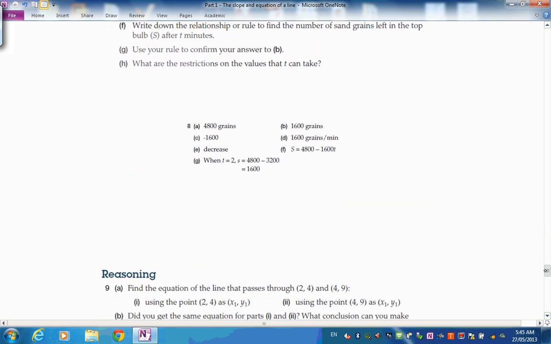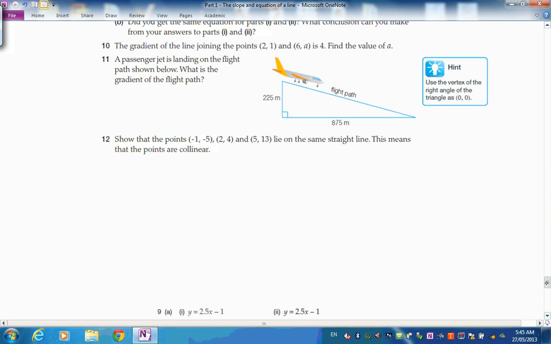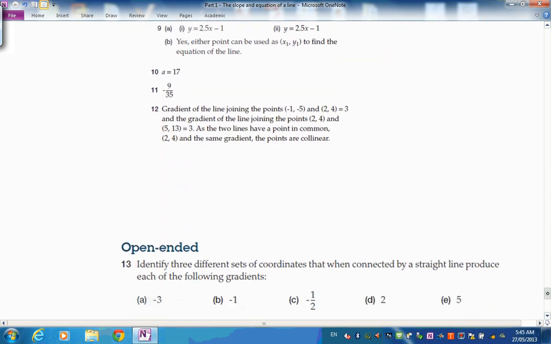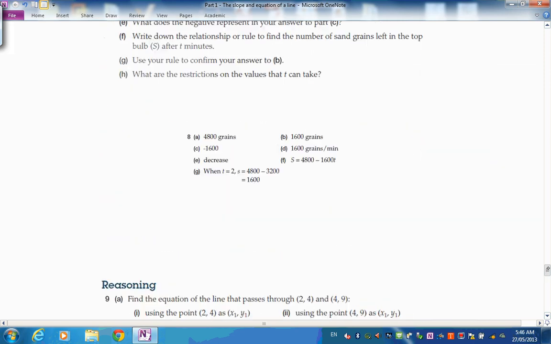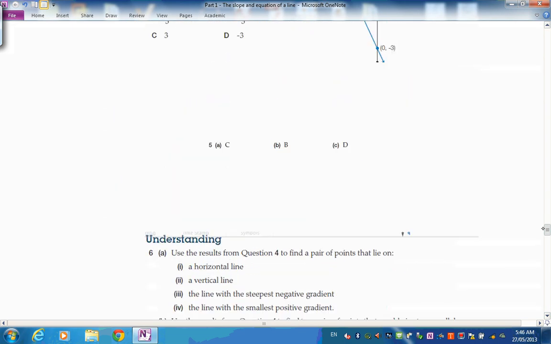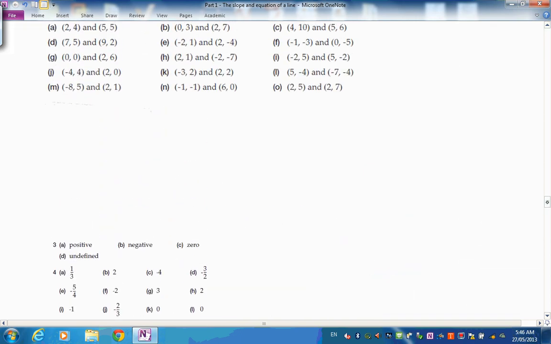And then the answers, and 9, 10, 11, 12, and the answers, and then open-ended questions at the end there. So you might have a look at all those. I'll take you back up to question 3 now. Just come back up to 3 and start there. 3 and 4.